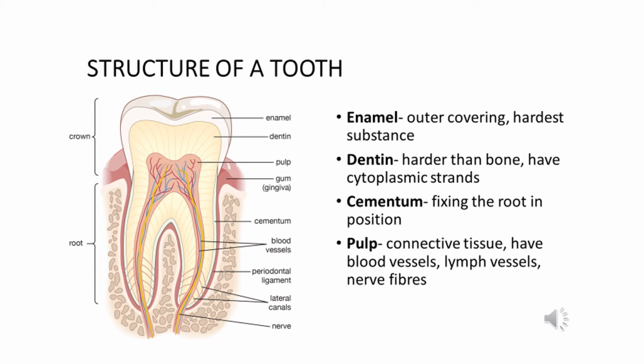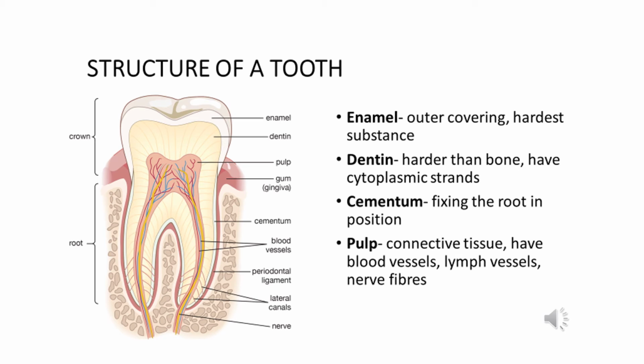It is softer than the enamel, but it is harder than bone, and it has cytoplasmic strands. Cytoplasm is a liquid material. It has water and some soluble salts. So the dentin has cytoplasmic strands, or threads of cytoplasm, as we can see in the picture.